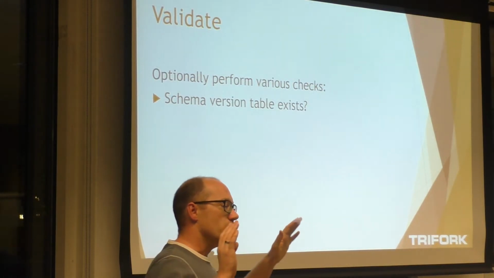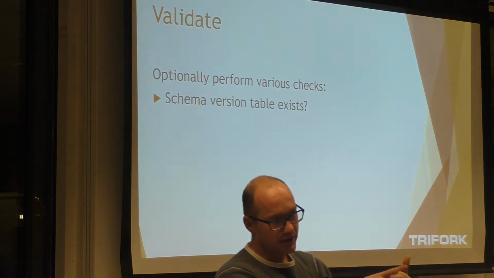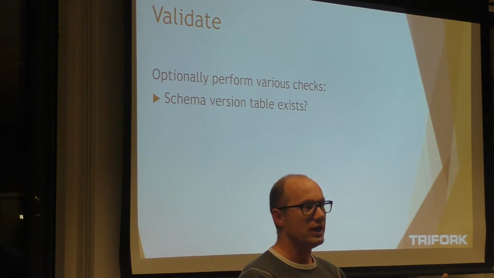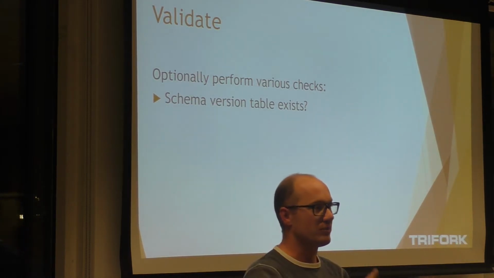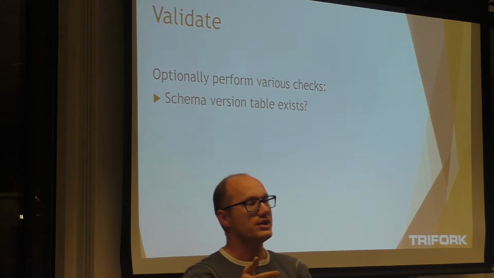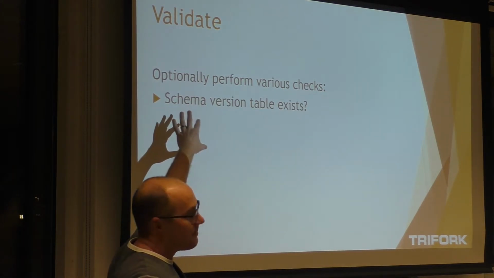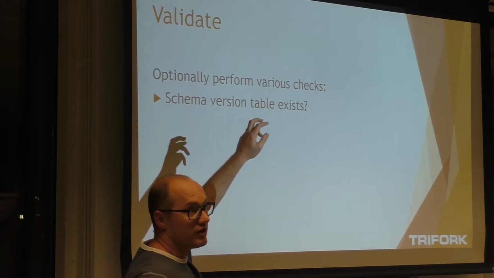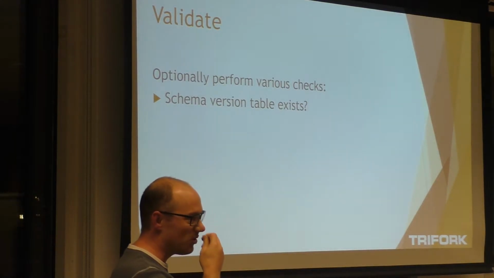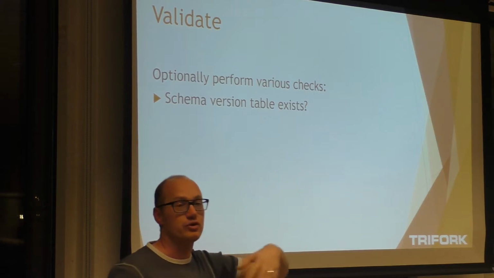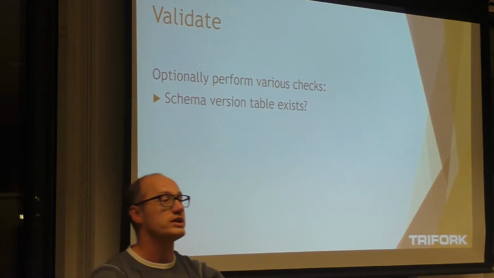Now, when it knows what migrations are there, and it knows what migrations have been applied already, it can basically just do a diff, and then say, well, all migrations that were not applied already, that's what I need to run. But before it does that, it will typically perform some validations to ensure that your database is in a known consistent state. So first thing it will do at startup is to check, do I have my own schema version table in there already?